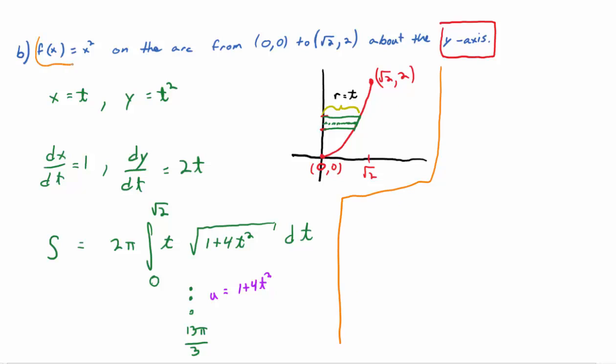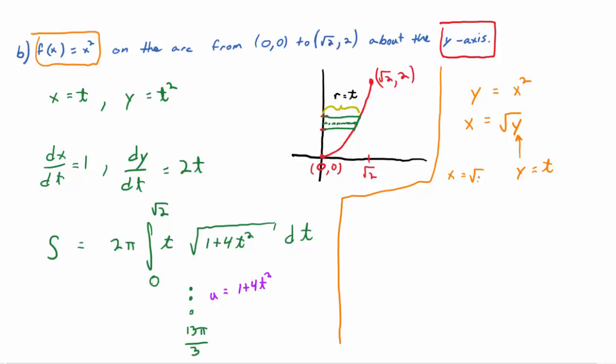So this is the same as saying y equals x squared, right? Well, if you take the square root of both sides, you can think of it as x equals, we're only interested in the positive square root of y. And then you could actually set it up the other way. You could say, let y equal t, right? And then what does x equal?